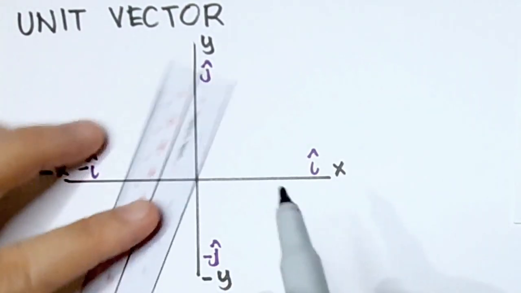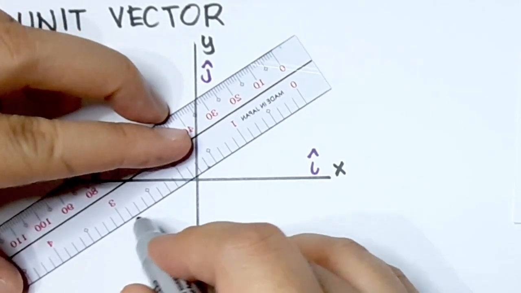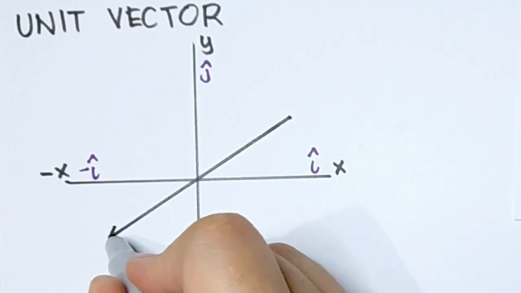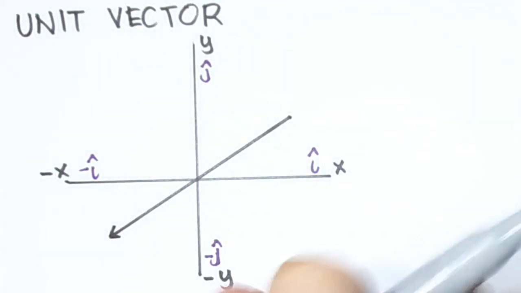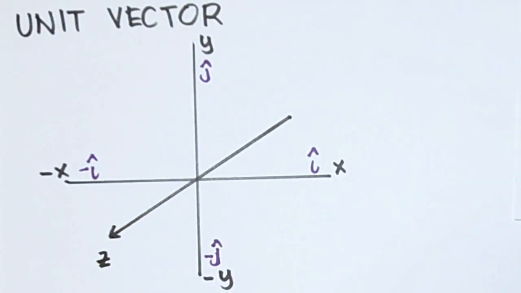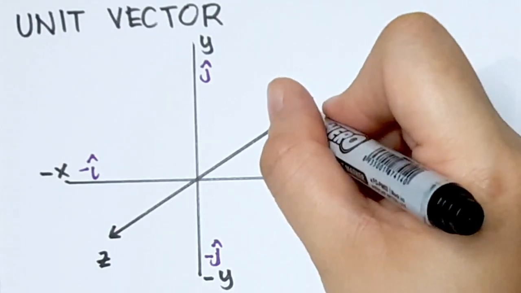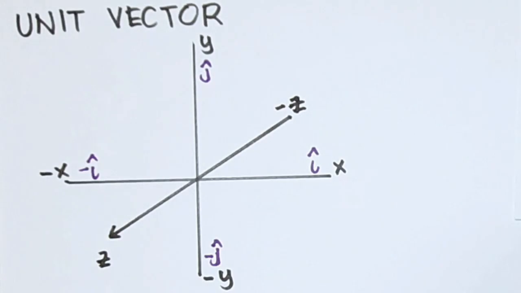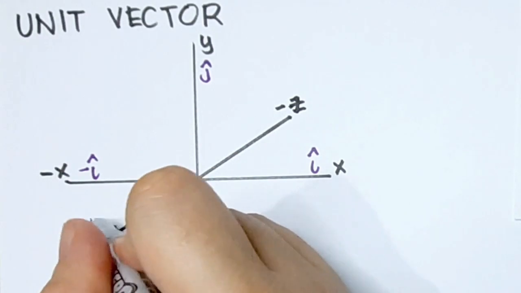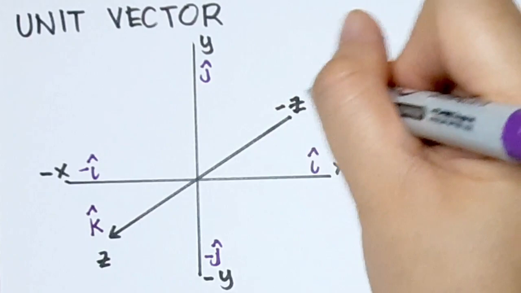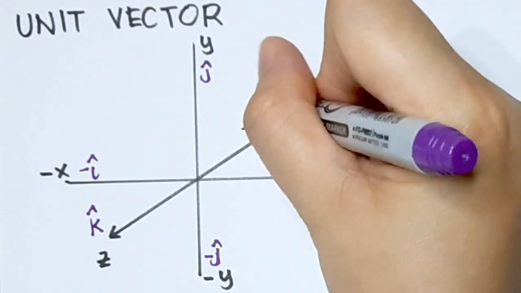We represent the one going out with k hat. If it's going out, it's positive. If it's going inside the paper, that is negative k hat.